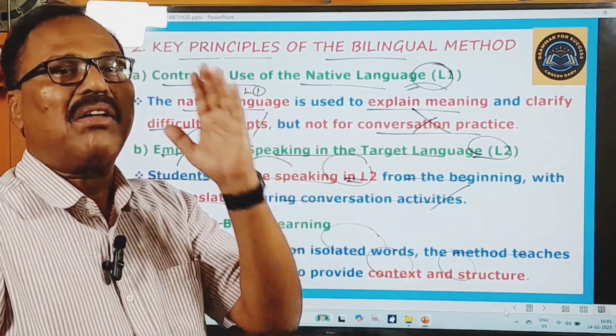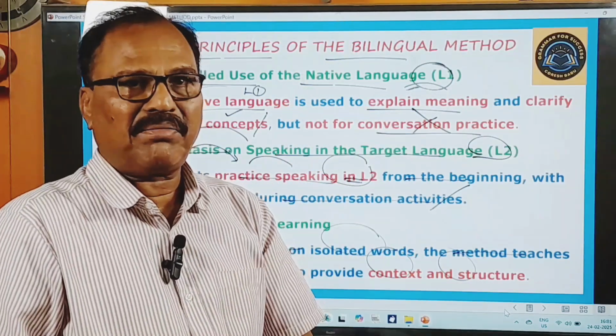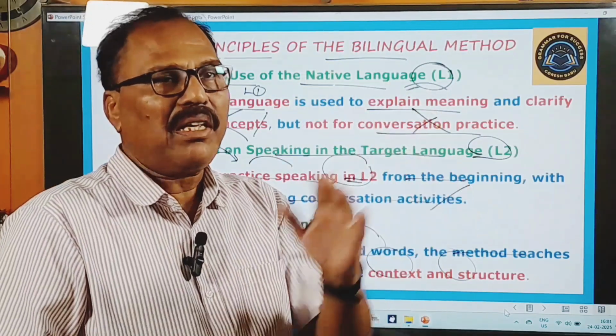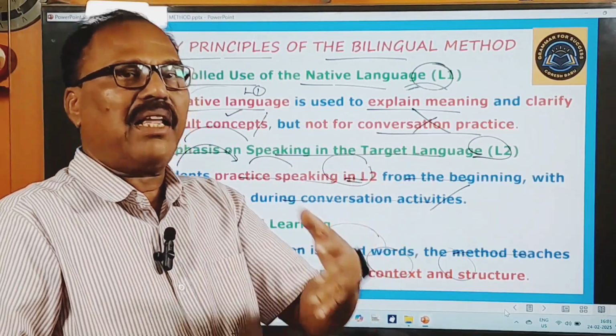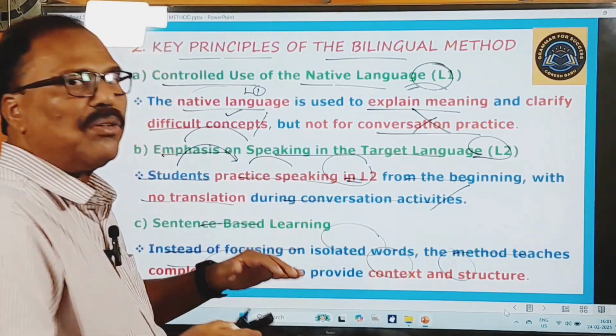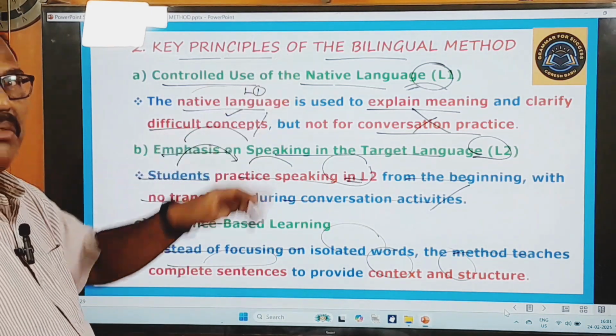Yes, diamonds are precious, gold is a precious metal, time is precious. In this way, they make use of that word in various sentences, and they make the students learn those sentences. That is the specialty of this bilingual method.